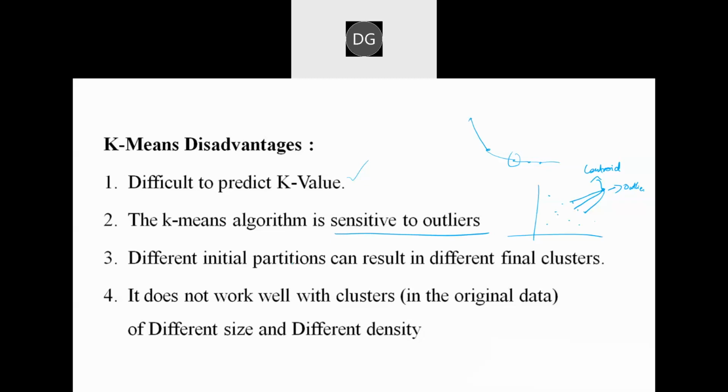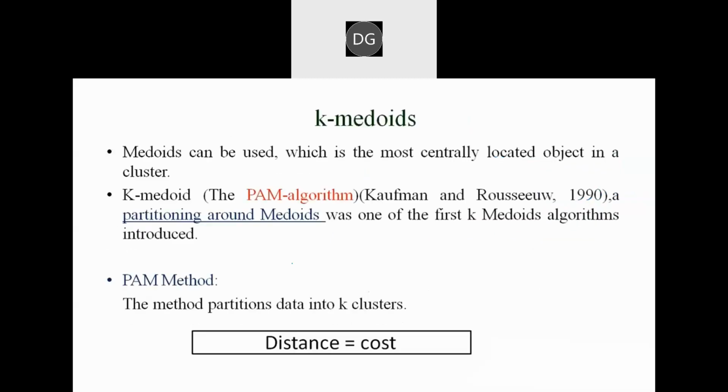Then what is the solution for that? As a solution, we can go for the K-Medoids algorithm. What the K-Medoids algorithm does is, based on PAM, which is nothing but partitioning around medoids, using that technique it will try to find the cost. Distance is nothing but the cost.